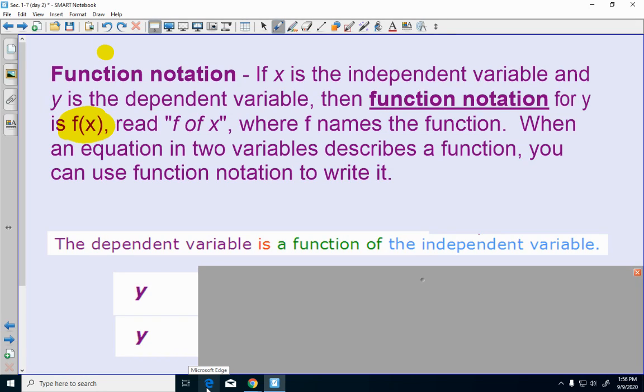Okay. Mathematically, the word is means, starts with an E if you're not sure. It's what? Equals.